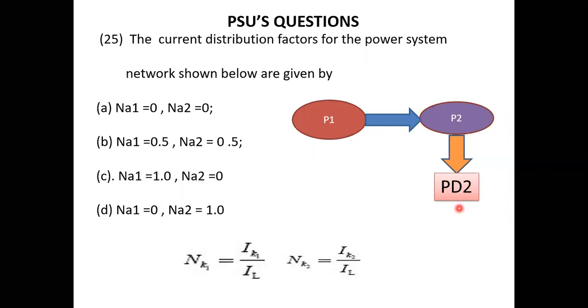No, because this load is very near to power plant 2. So there is no necessity of a transmission line between P2 and the load. But here we must have a transmission line from P1 to load. Now, IK1 is the current present in our transmission network, and IK2 is the current present in the line between power plant 2 and the load. Now tell me the answer.